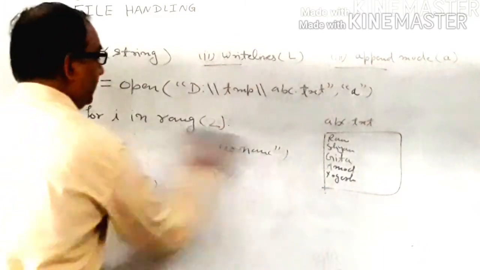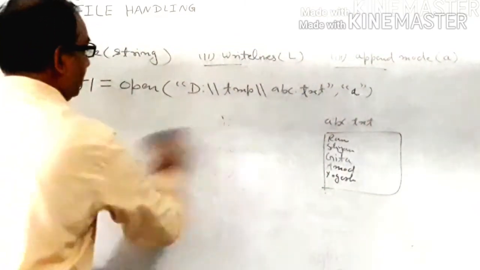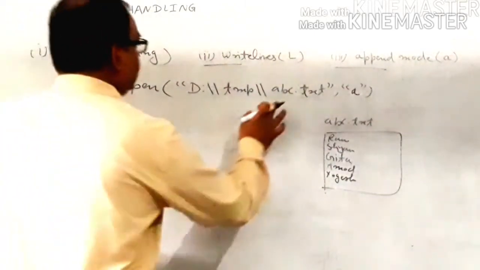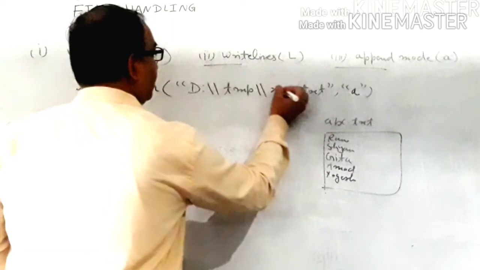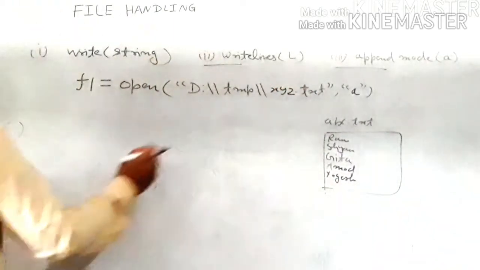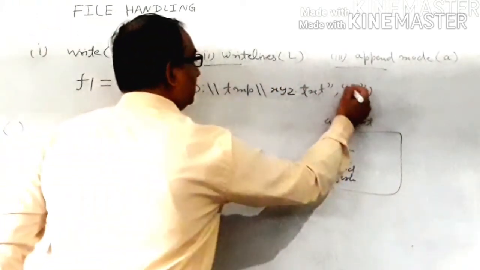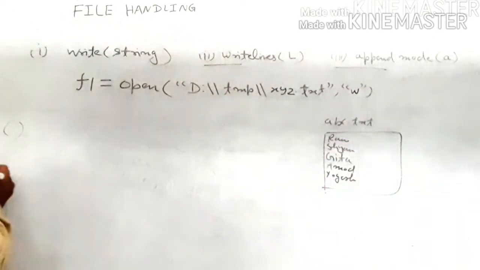The same program you can write here. Again, you can create another file for writelines, xyz.txt, the file name changed to xyz.txt, and again in write mode. Okay.